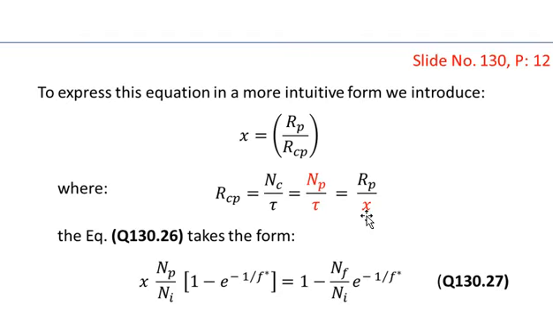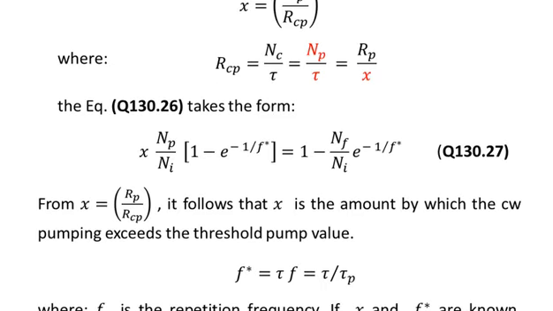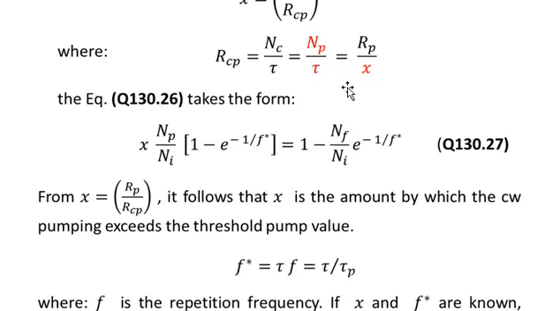So you see that you can use the value of x. For example, from here you can find out the value of x, and you can substitute the value of x in the previous equation in the form of Np over tau, and you get this equation 27.